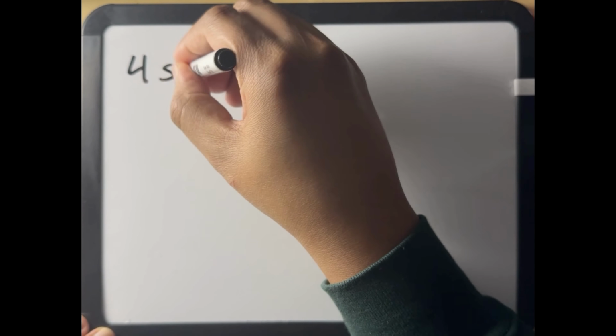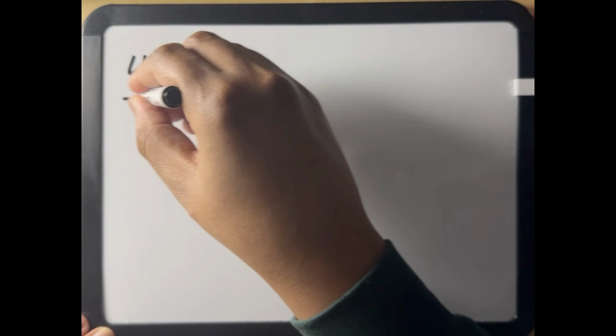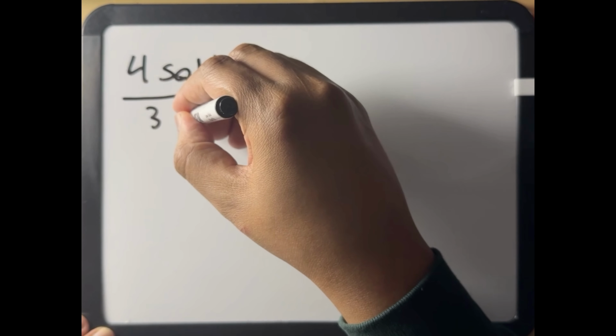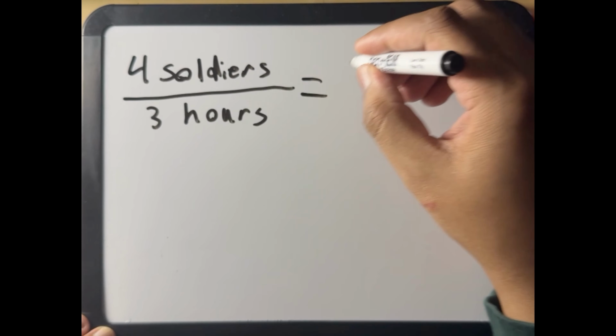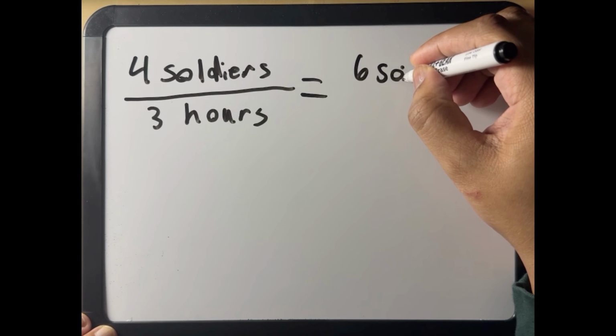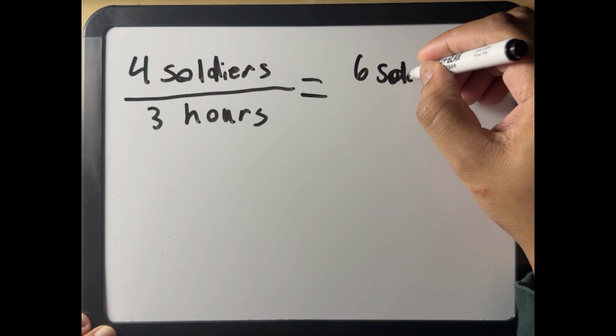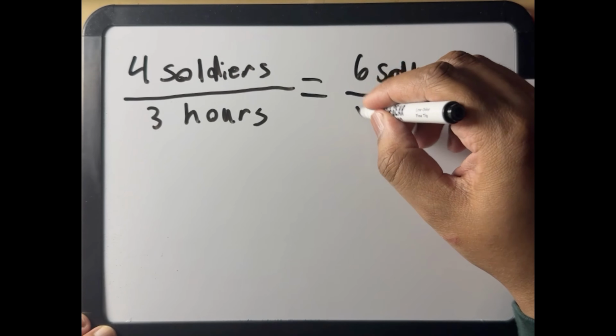4 soldiers (3 hours) equals 6 soldiers over x hours.